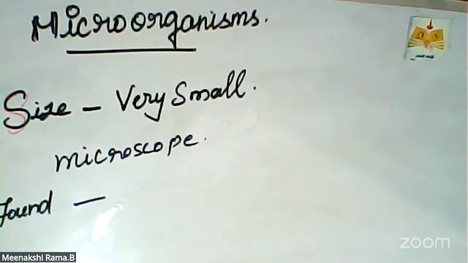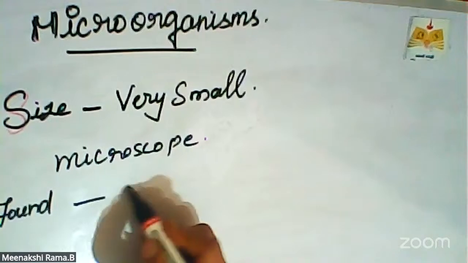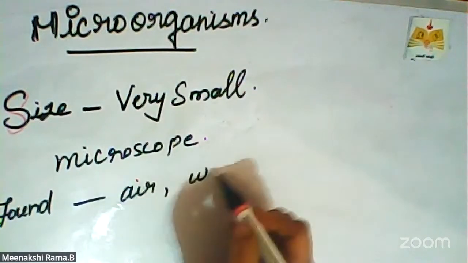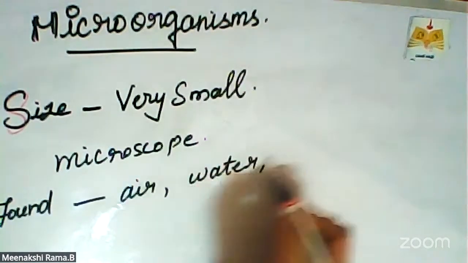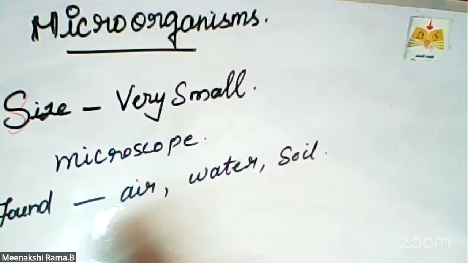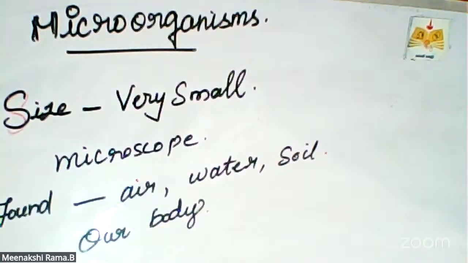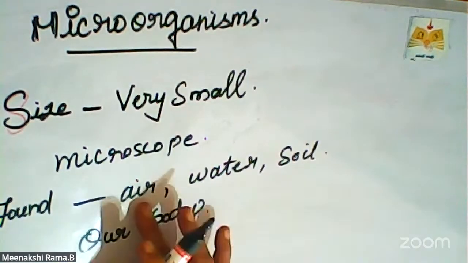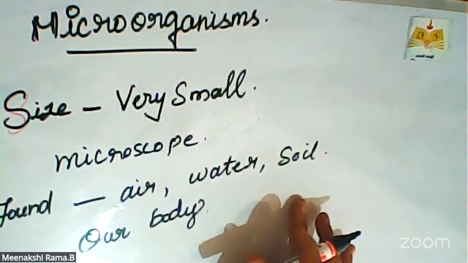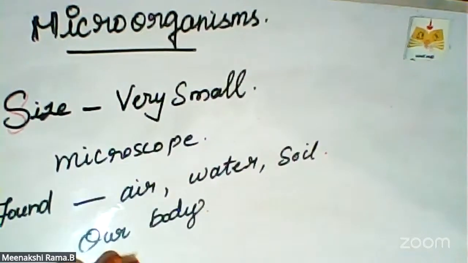So microorganisms are found in these places: air, water, soil, and our body.